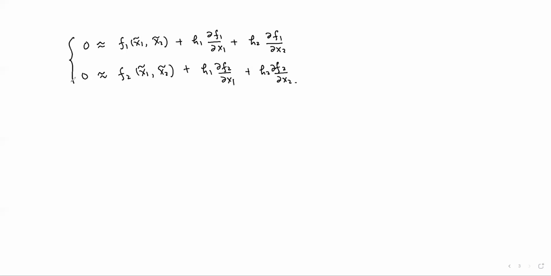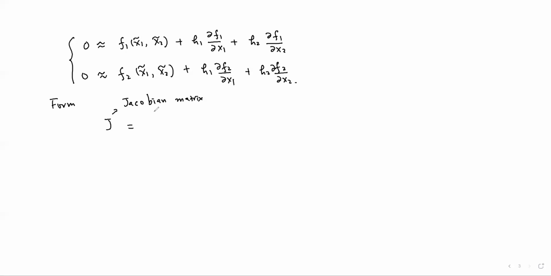This is a linear system. The unknowns are h1 and h2. Now, let me form this matrix. J is the Jacobian matrix.